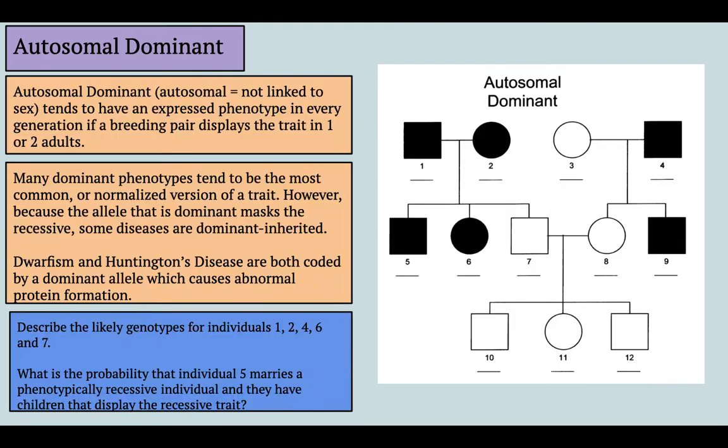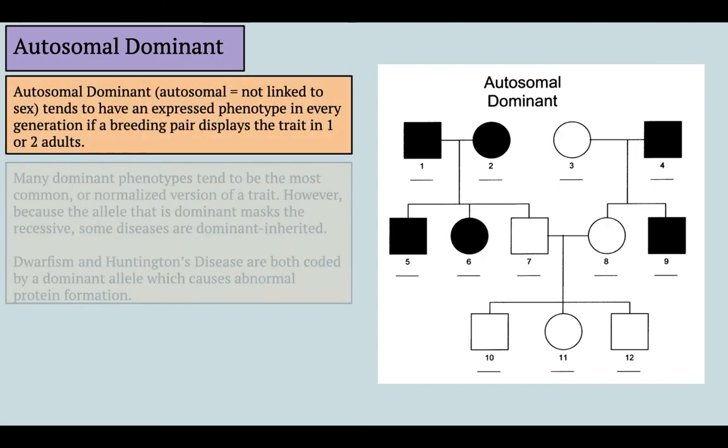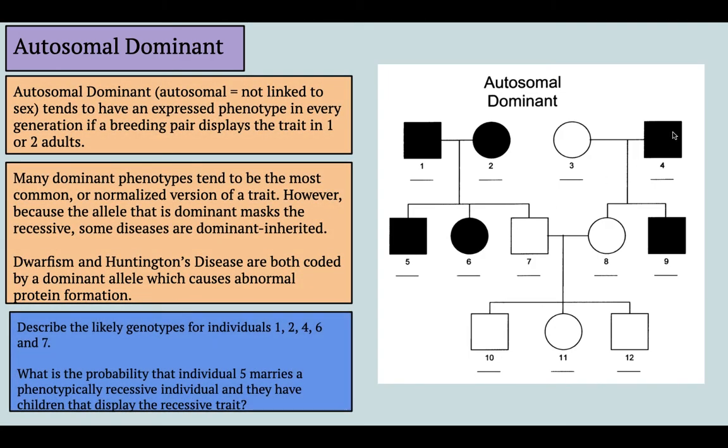So to sum up the 3 traits again, when we're looking at traits that tend to be autosomal dominant, we're going to tend to see one or both individuals in a parent generation express it, and many of their children will have it. The only way kids don't express it is if both parents don't have a dominant gene.